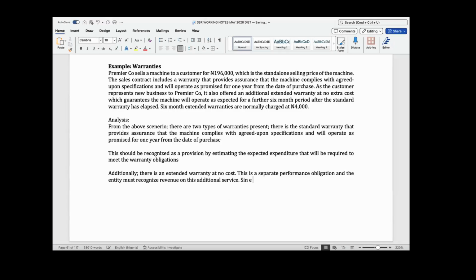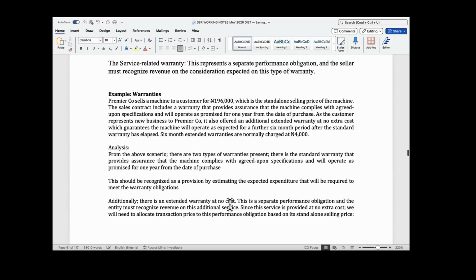Since this service is provided at no extra cost, we will need to allocate transaction price to this performance obligation based on its standalone selling price. So how do we do this?